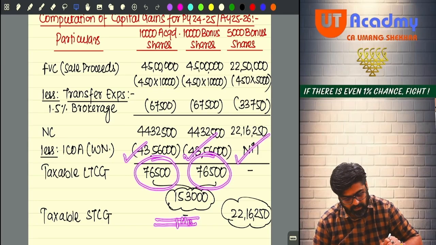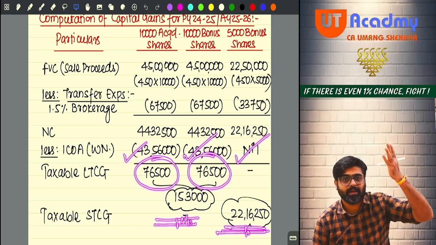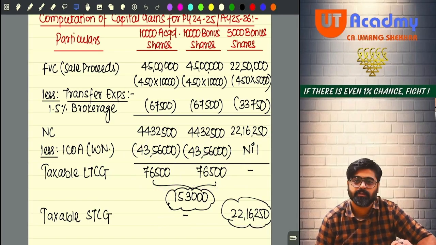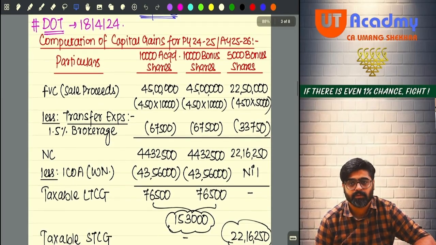And this is your taxable short-term capital gain. Here the entire amount of net consideration will become your gain because there is no cost only. Getting my point? Did you copy this? Copy fast.